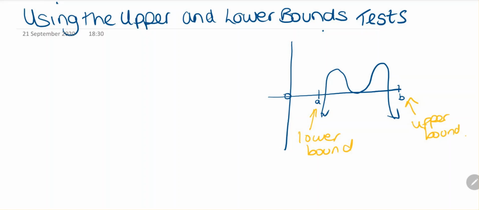So it means that we limit the interval, so all the possible roots would fall within A and B.